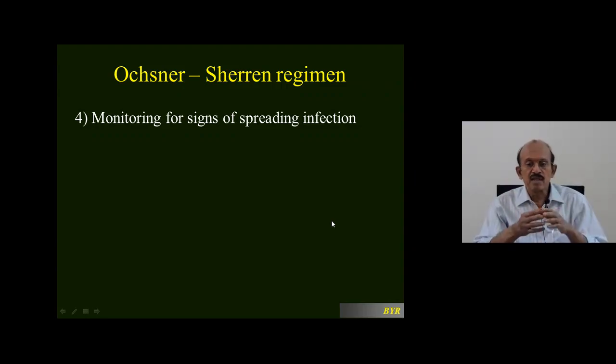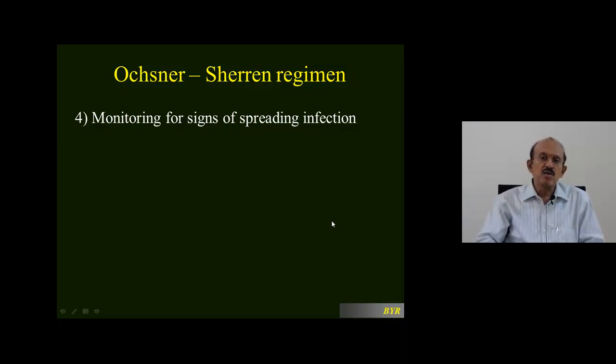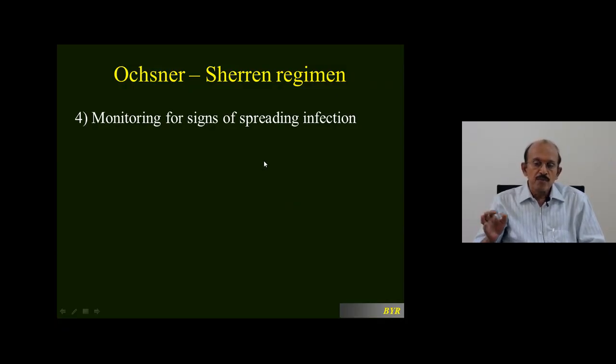So there is abdominal distension and bilious vomiting, the pulse rate is raised, the temperature is raised, and tenderness and guarding progressively spread from one quadrant to the other quadrants. If it is left like that, if the patient is at home and delays, then the patient may go into hypovolemia, hypotension, oliguria, and other systemic complications.